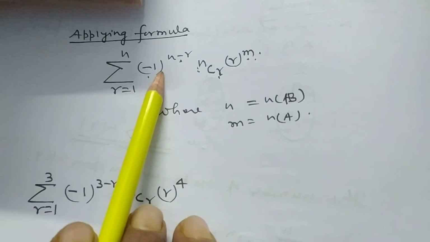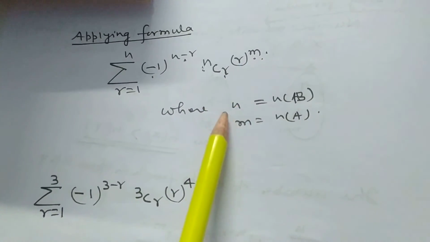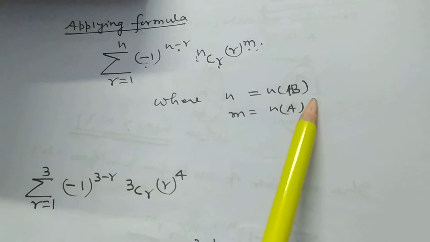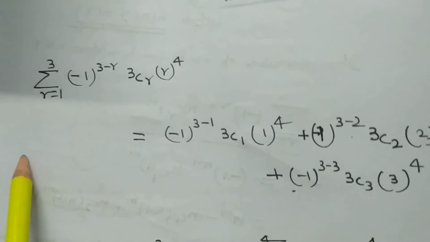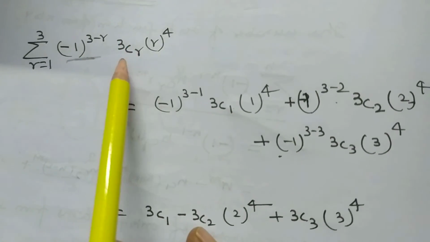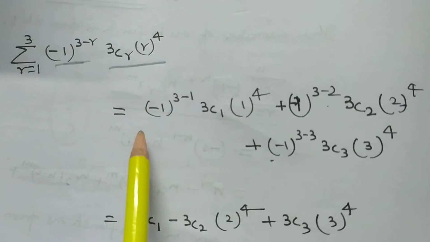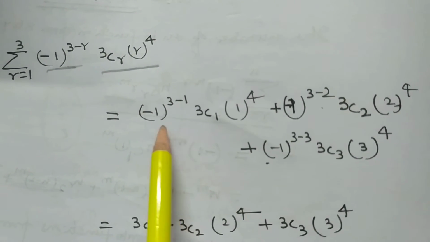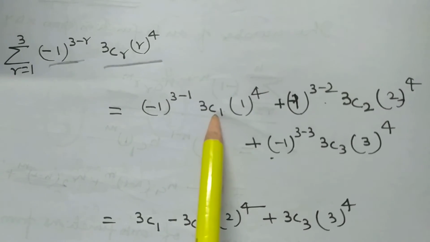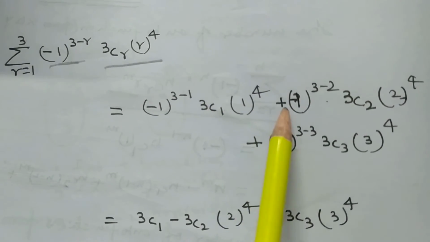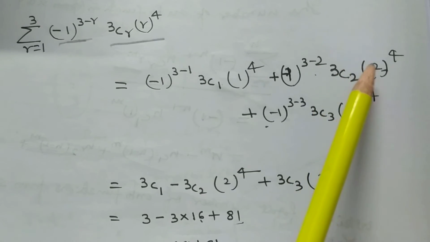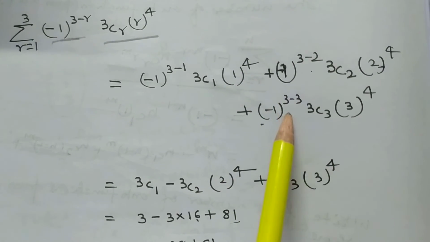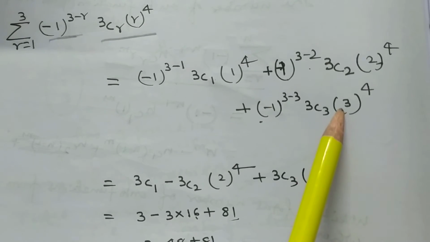Now applying the formula, the sum for r equal to 1 to n of minus 1 to the power n minus r, nCr, r to the power m, where n is equal to the cardinal number of B and m is equal to the cardinal number of A. Here r is equal to 1 to 3, minus 1 to the power 3 minus r, 3Cr, r to the power 4. So by expanding it, it is minus 1 to the power 3 minus 1, 3C1, 1 to the power 4, plus minus 1 to the power 3 minus 2, 3C2, 2 to the power 4, plus minus 1 to the power 3 minus 3, 3C3, 3 to the power 4.